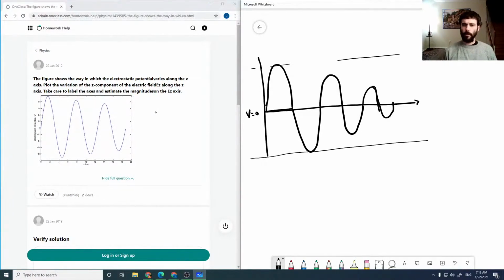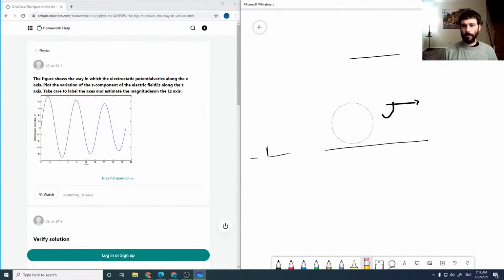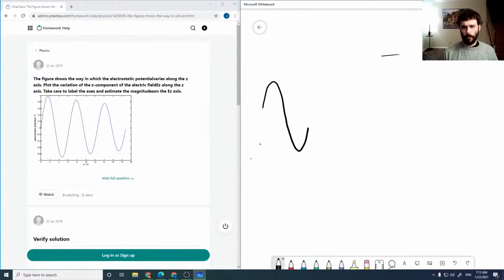I'm definitely at an angle, so maybe I'll resketch it just to see if I can make it a little straighter here. I think that works. And this should go down to 0.